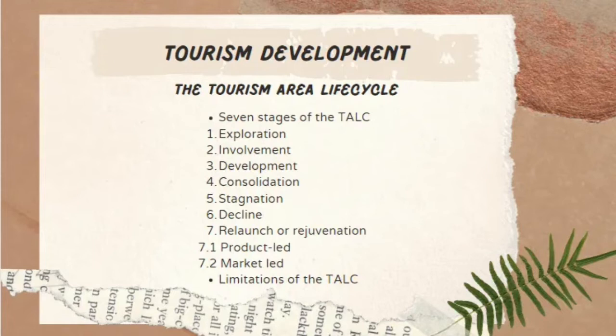The said pattern here is based on the product life cycle model, where the sales history of a product follows an S-shaped asymptotic curve over time. Similarly, the development of a tourist area takes the shape of the same curve as the PLC model, where the sales are replaced by the number of tourists.